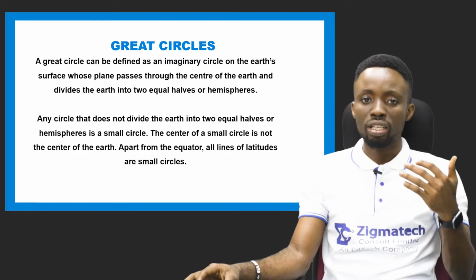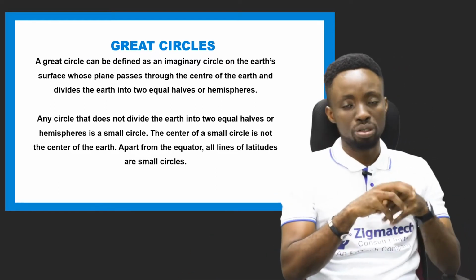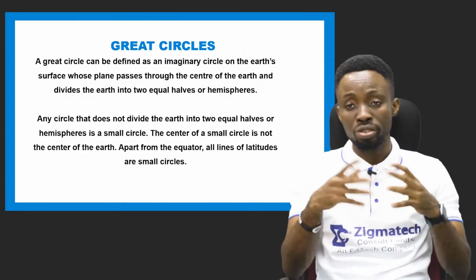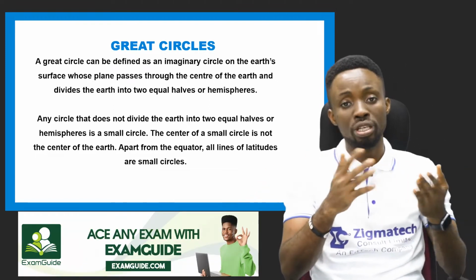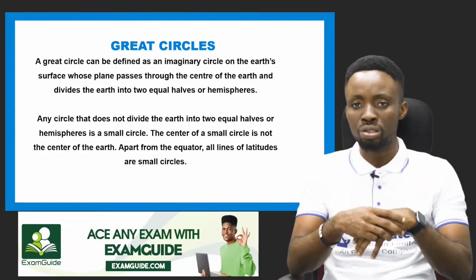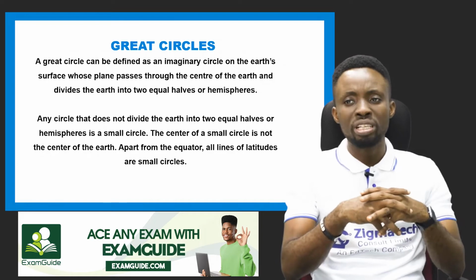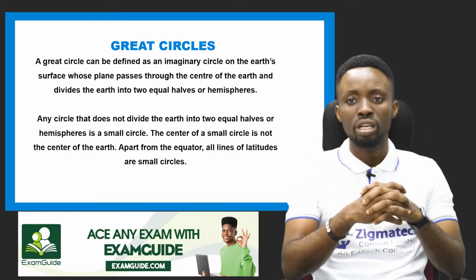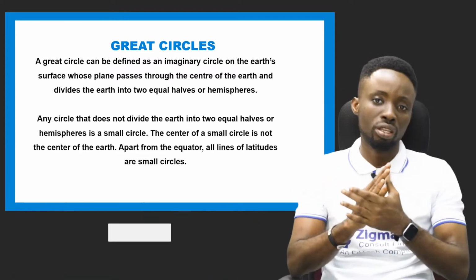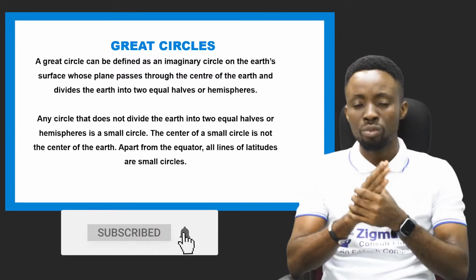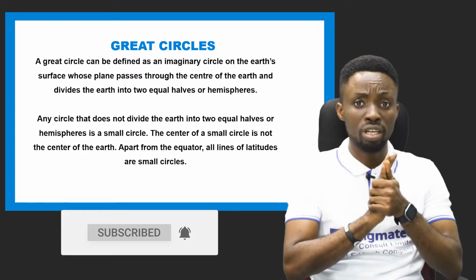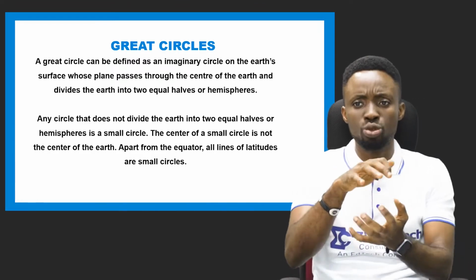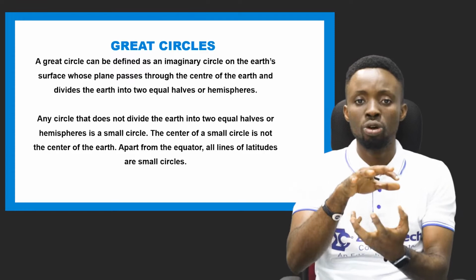So let's head over to great circles. Remember previously I said both lines of latitude and longitude contain great circles. Now, what are great circles? Great circles are imaginary circles on the earth whose plane passes through the center of the earth. And when such a plane passes through the center of the earth, it divides the earth into two equal halves or two equal hemispheres.